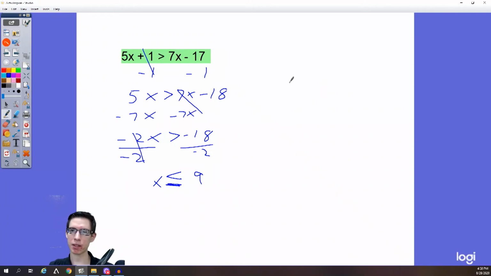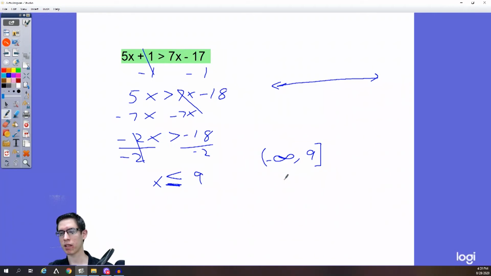And as promised, I'm going to illustrate it with a number line, and I'm also going to illustrate it with interval notation. First I'm going to give you interval notation, and then I'm going to show you what it looks like on the graph. Interval notation in this case is going to be negative infinity, comma, 9. 9 gets a bracket, and of course, negative infinity always gets a parenthesis.